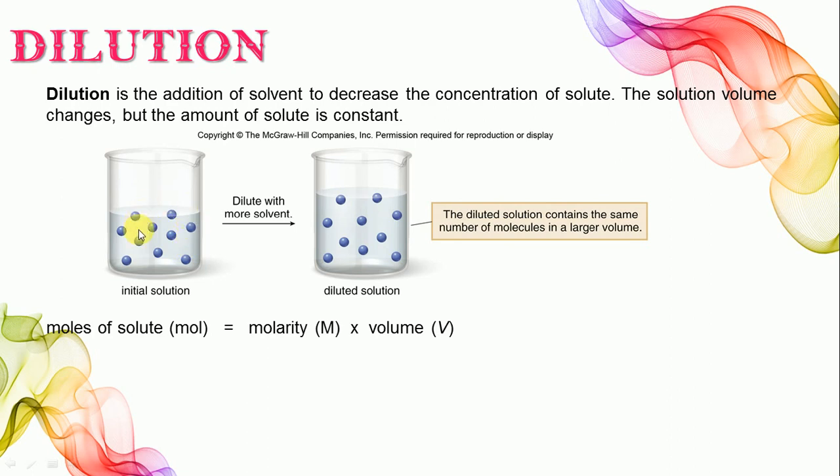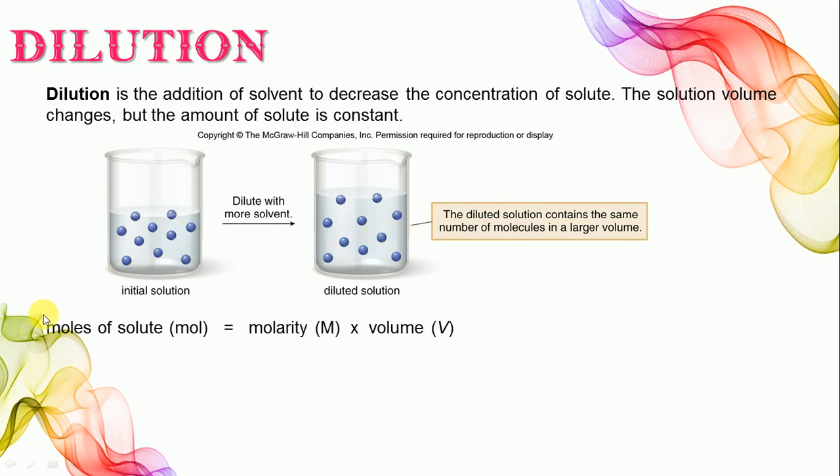This is the initial solution where the volume of solvent is about half of the beaker, and this is the diluted solution where the solution is occupying about 2/3 of the beaker, but the amount of solute is the same for both the beakers. So this is dilution. Whenever something gets concentrated, we have to add some water to make it dilute.